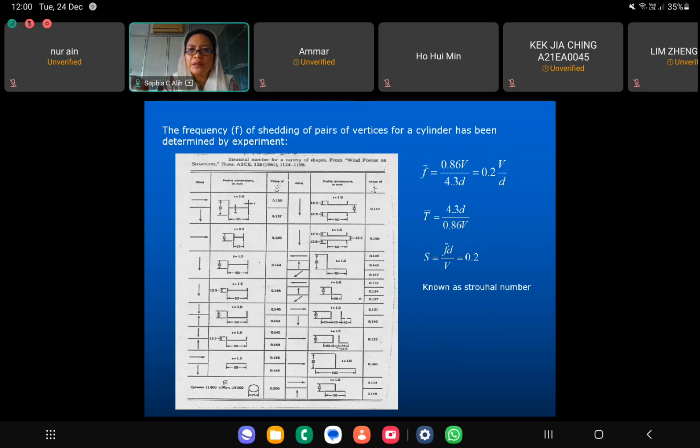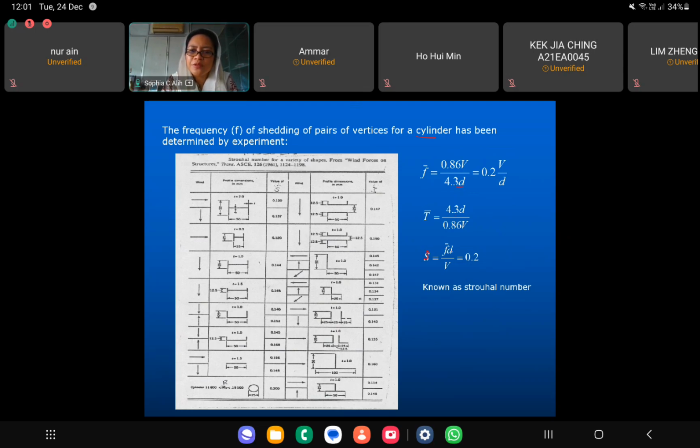For example, if you take a cylinder-shaped structure, the frequency is equal to 0.86 times the velocity divided by 4.3 times the diameter. If I simplify this, I can represent it as a Strouhal number.